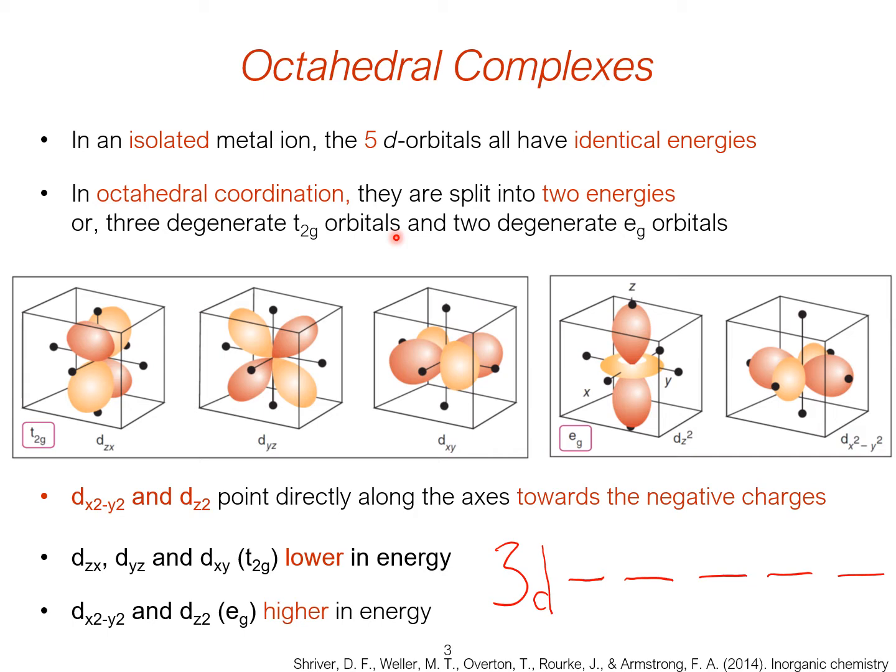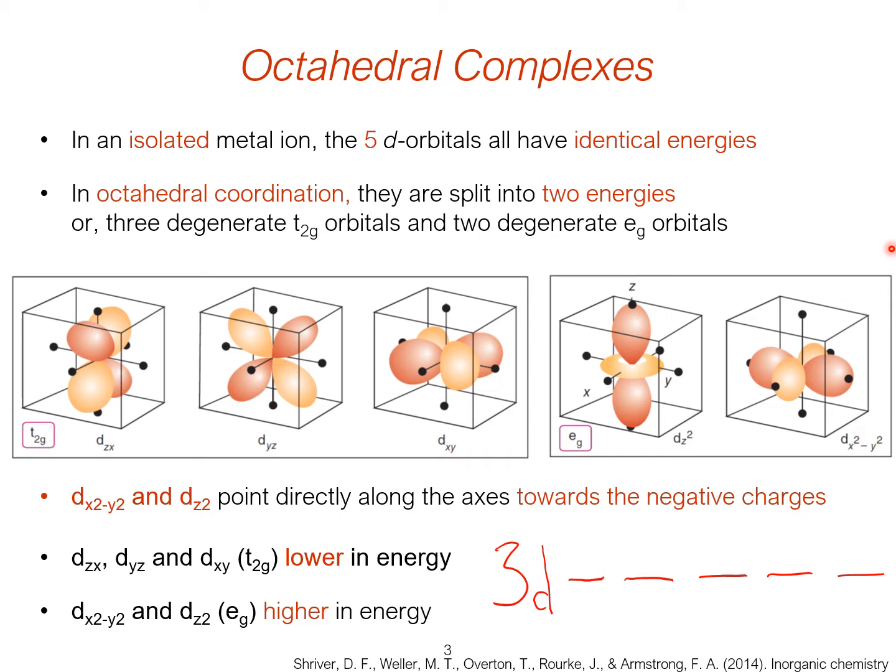And this means there's no interaction between the point charges of the ligand, which are negatively charged, and the d orbitals, which will also be negatively charged, remember, because they've got the metal's electrons in. So this is why these go to a lower energy. As shown here, dzx, dyz, and dxy go lower in energy. These are the t2g orbitals, and that's because there's no interaction between the ligand point charge and the orbital.